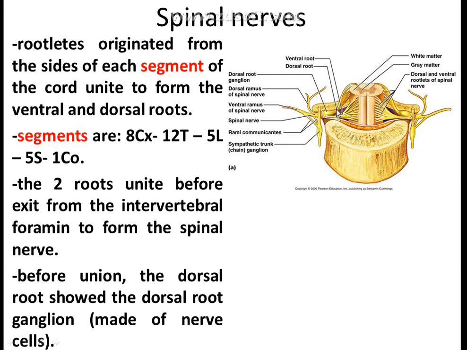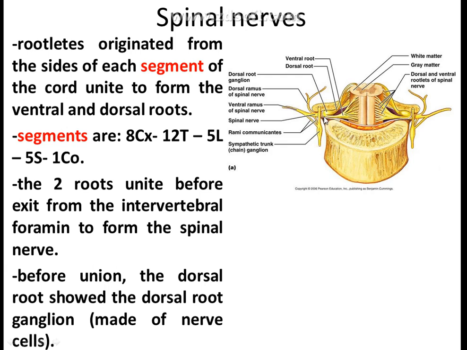Both the ventral root and the dorsal root unite to form the spinal nerve, and you can see that the union of the ventral motor root and the dorsal sensory root occurs at the level of the intervertebral foramina, so the spinal nerve projects out of the intervertebral foramina.